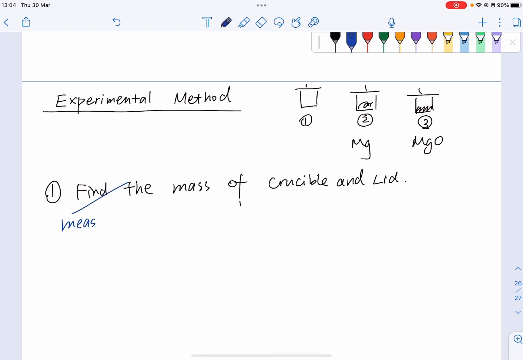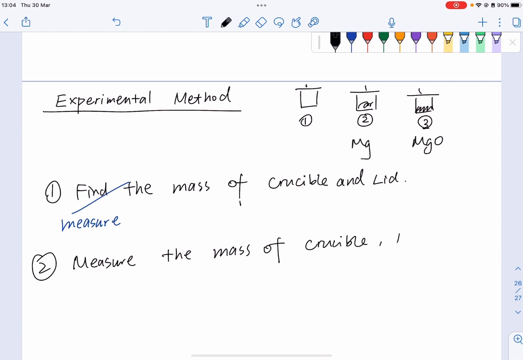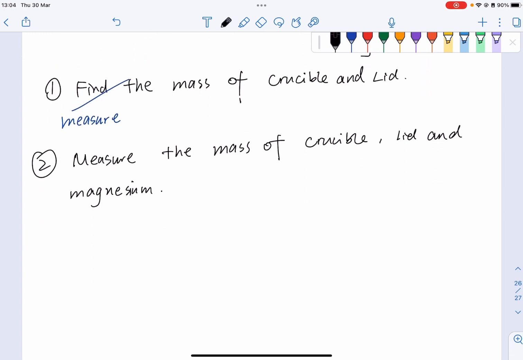It is also okay. Alright, the second step, measure or find the mass of crucible, lid, and magnesium, right? This is the second step.